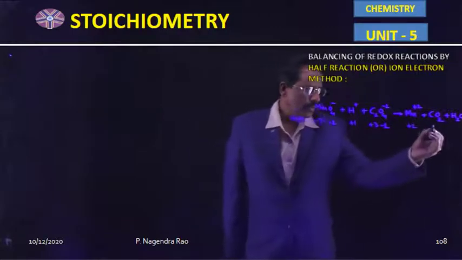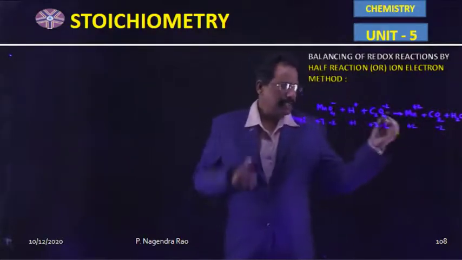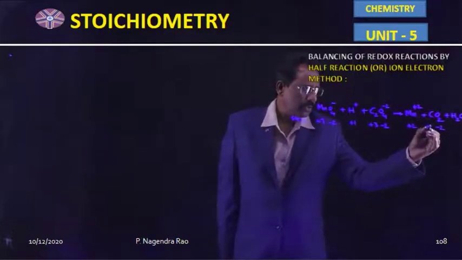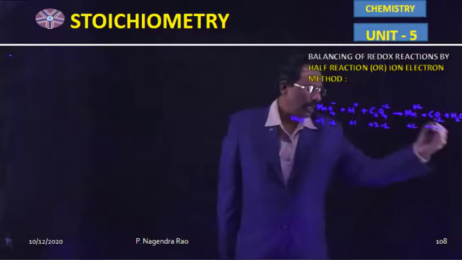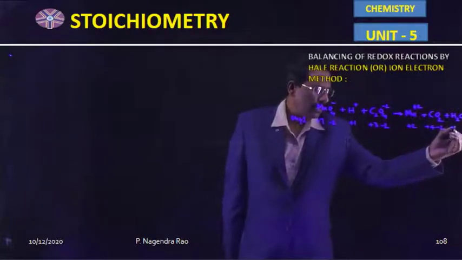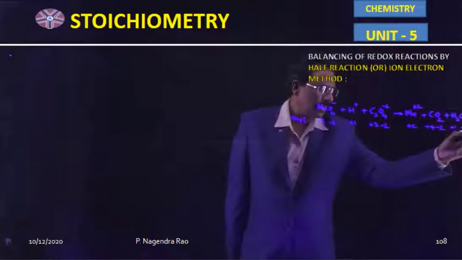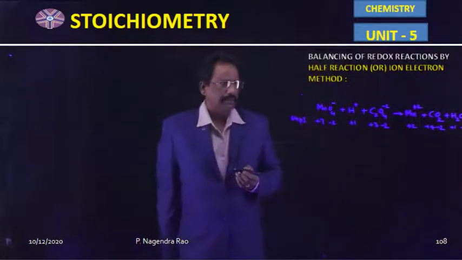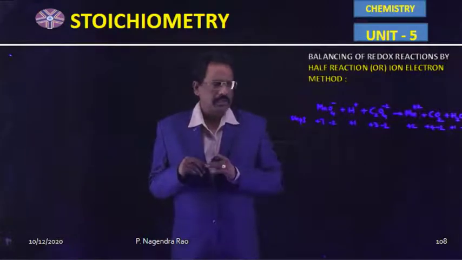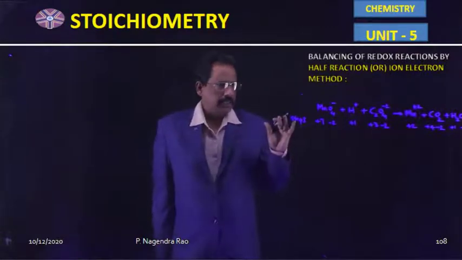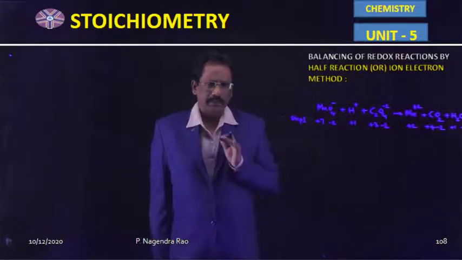In CO2, oxygen charge is minus 2. X minus 4 is equal to 0 and X is equal to plus 4. In water, hydrogen oxidation state is plus 1 and oxygen oxidation state is minus 2. So in this method, the first step is to write the oxidation state of each element below its symbol.